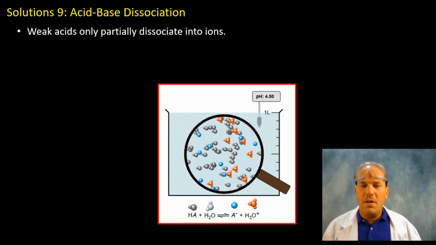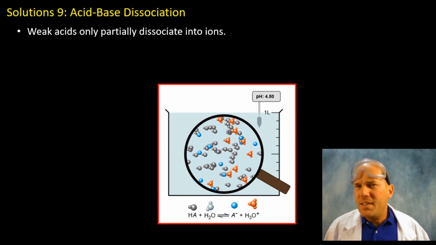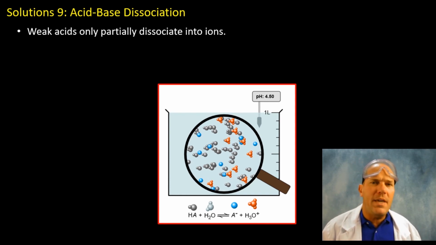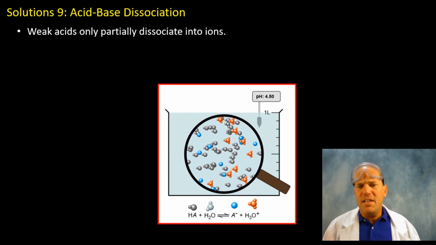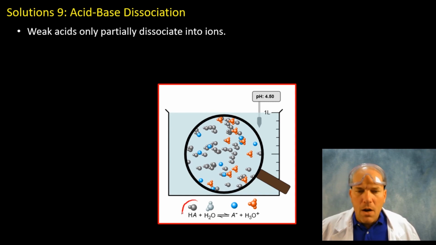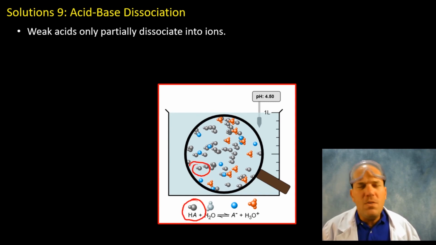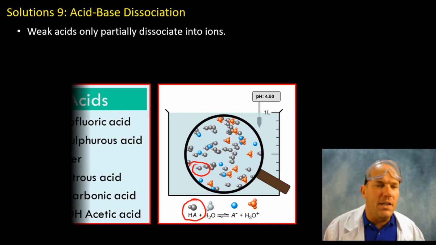So here in the schematic, you can see there are relatively few hydronium cations because the acid has mostly stayed intact. And you can see in the schematic here that the majority of the molecules present here are the acid, and the weak acid has only partially dissociated.